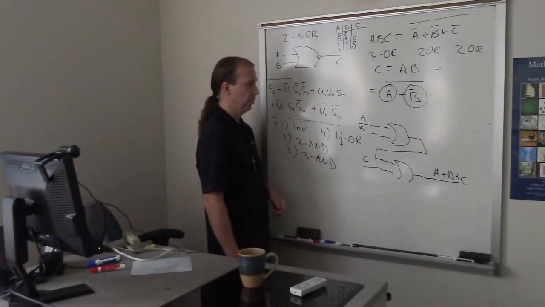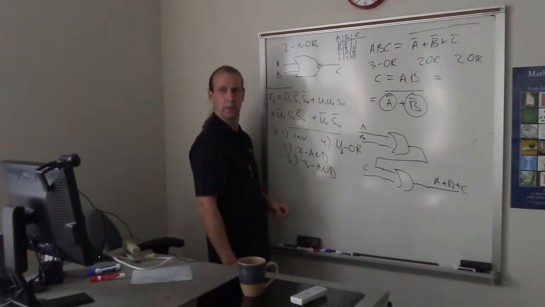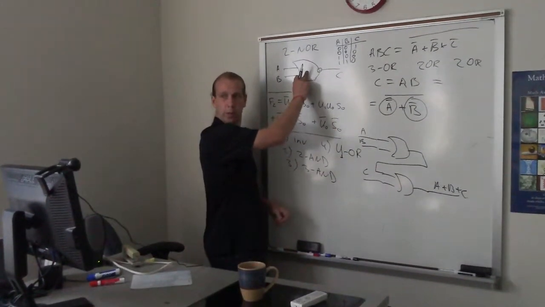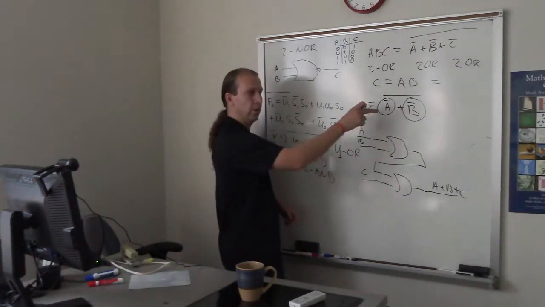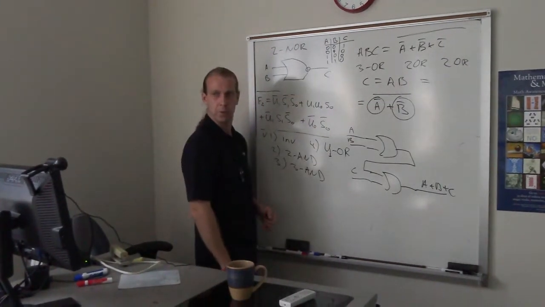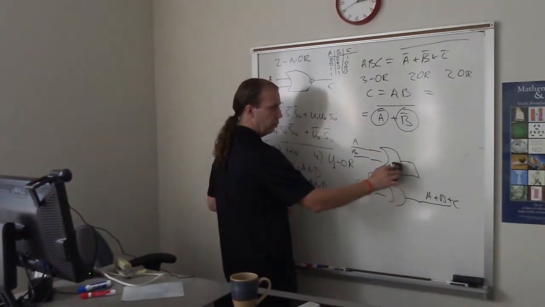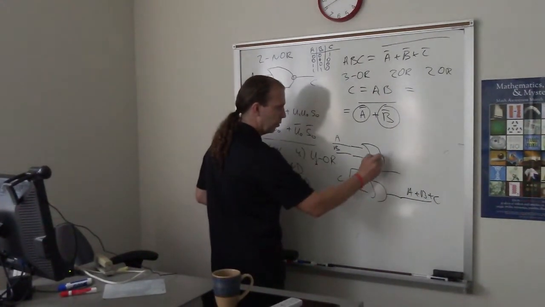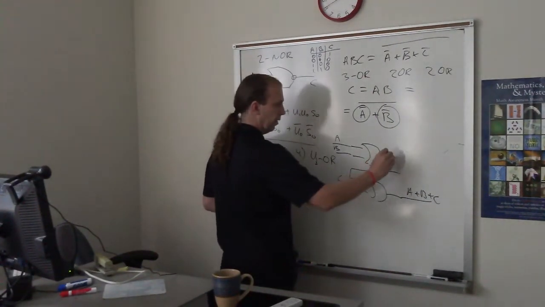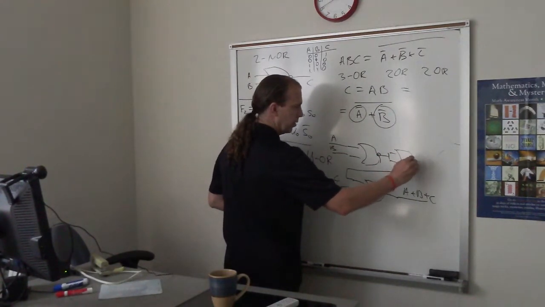Right? But I don't have 2 OR yet. I have 2 NOR. 2 OR in this case is 2 NOR followed by inverter. So if I want to implement the 2 OR, I use my given 2 NOR and then feed it into another 2 NOR with connected inputs.